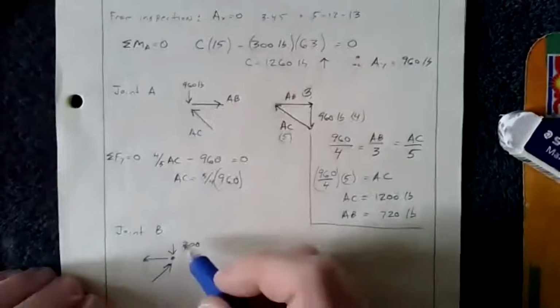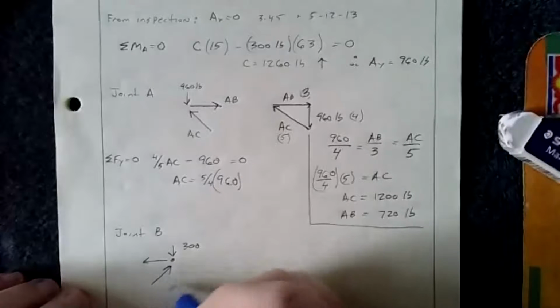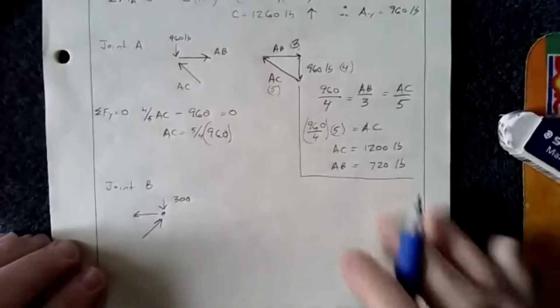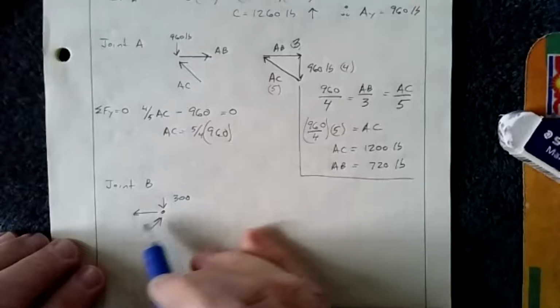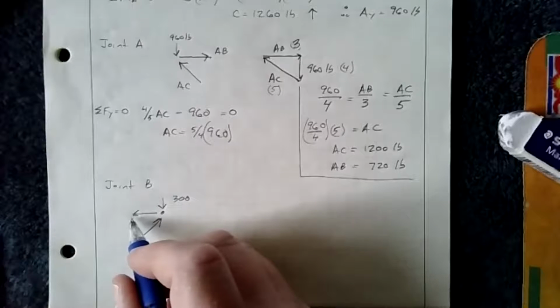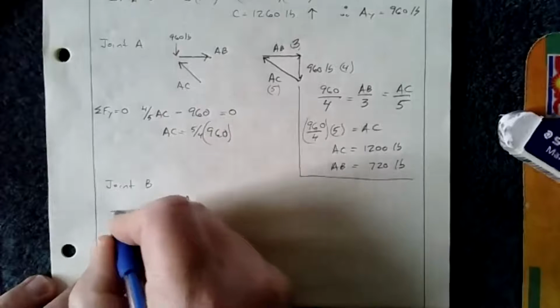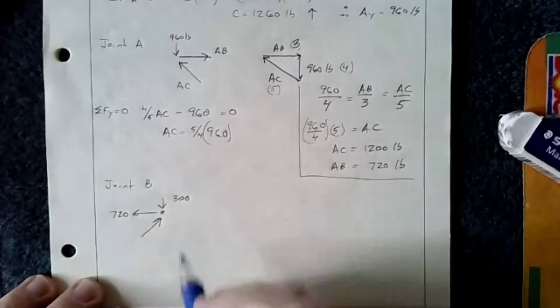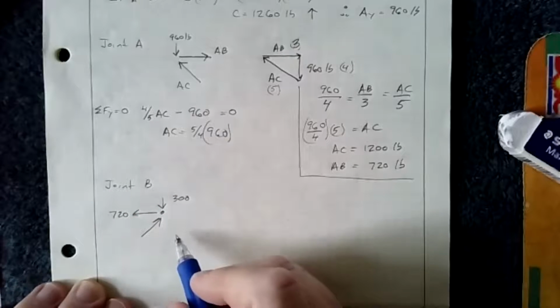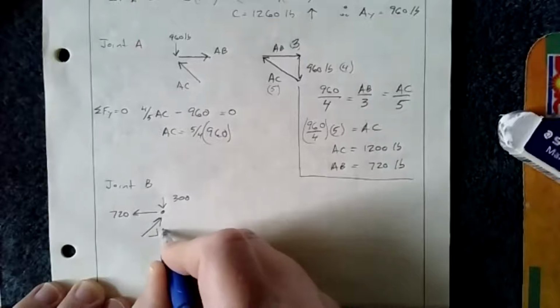So you might ask, why is this pointing away if it's pointing away on the other end? Well, let's first solve and then we'll come back to that concept. So we know it's going away. So 300 there. We know that this going away, of value we've already established, AB is 720. So in our triangle, we know that this is a 5, 12, 13.